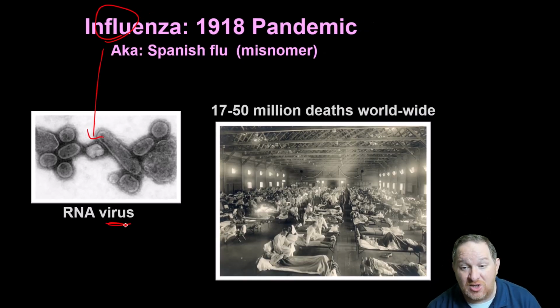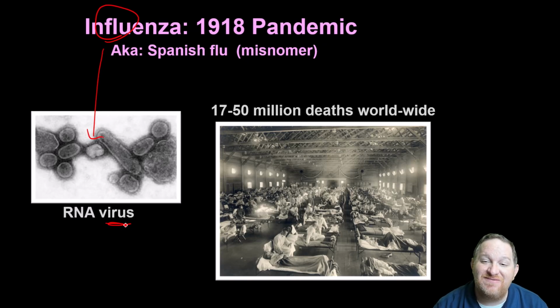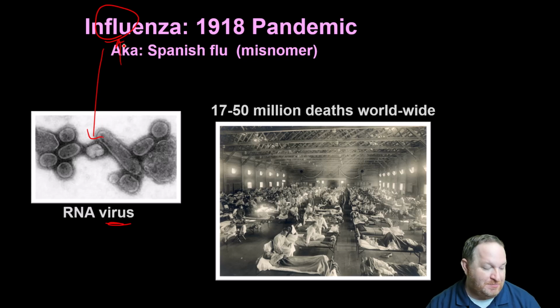This particular flu had about 17 to 50 million deaths worldwide, right? And this was a particularly bad flu, so much that our modern day vaccines actually have a little bit of protection against this particular flu strain.